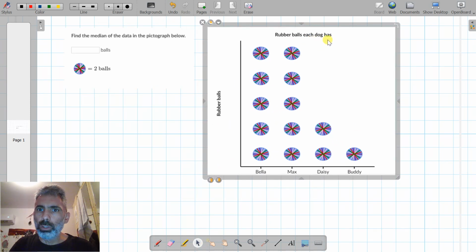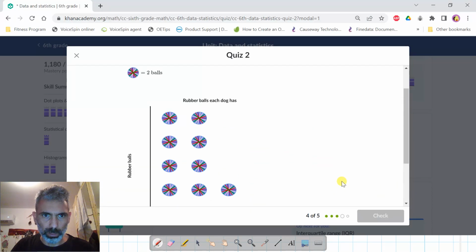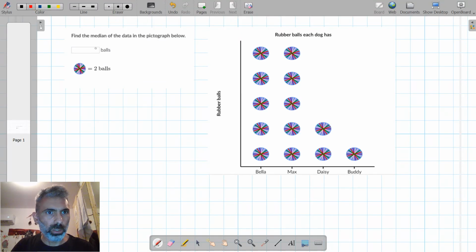Rubber balls, each dog has rubber balls, and these are the names of the dogs, right? Yes. And each symbol here equals 2 balls. And we need to find the median of the data in the pictograph below.